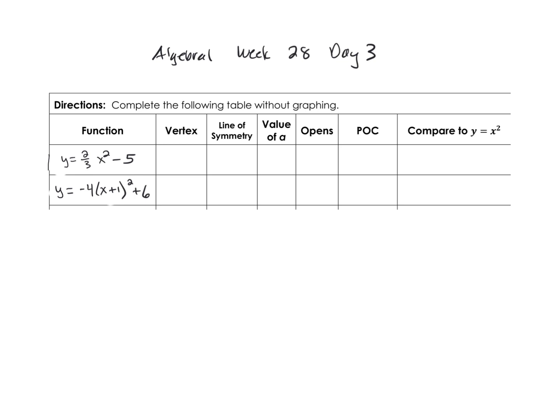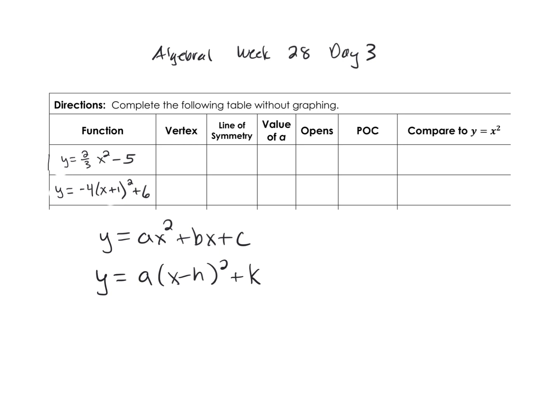Because remember, the general equation is y equals ax squared plus bx plus c, or it could be in the form of a(x minus h) quantity squared plus k. In either case, this number in front of the squared quantity or in front of the squared term is what these numbers 2/3 and -4 are for these particular problems.